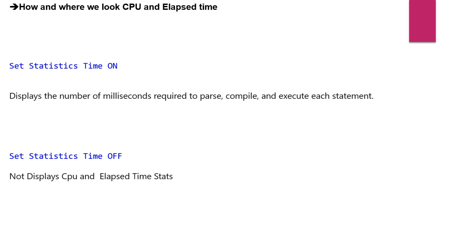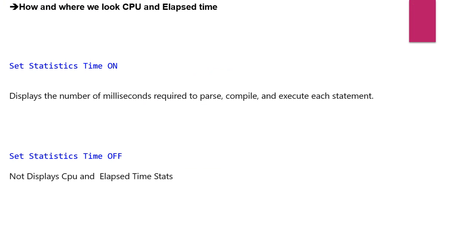As we saw in the demo, SET STATISTICS TIME ON displays the number of milliseconds required to parse, compile, and execute each statement. Actually, the query in my demo is already compiled and parsed, therefore it doesn't give the parse and compile information.